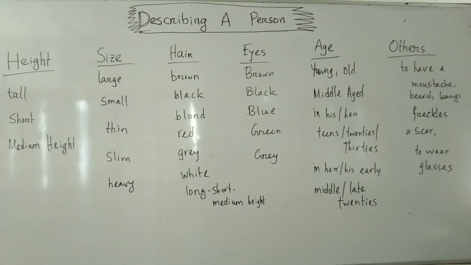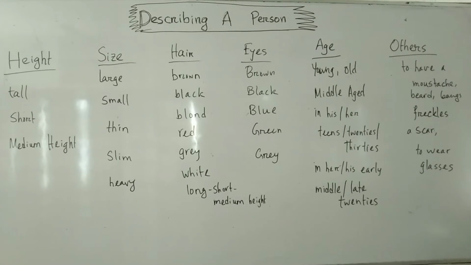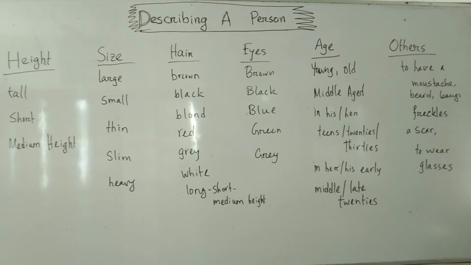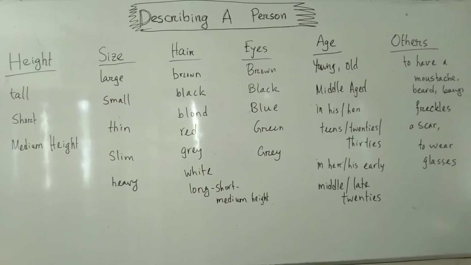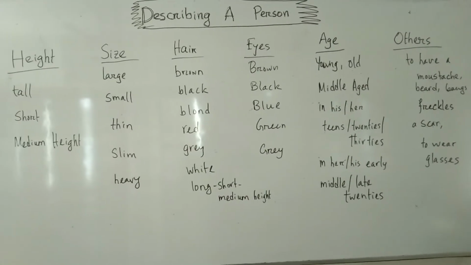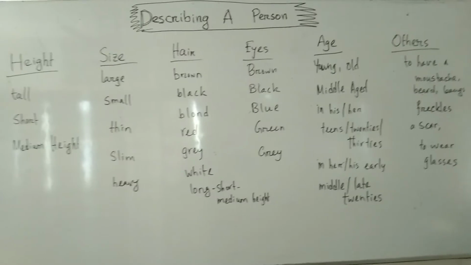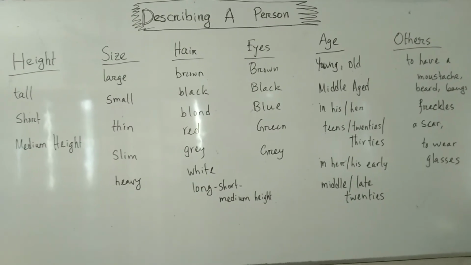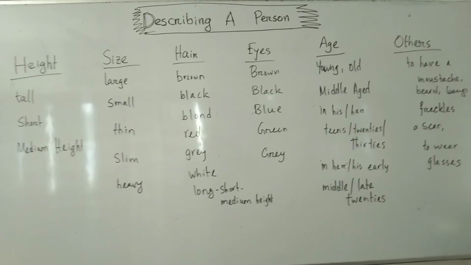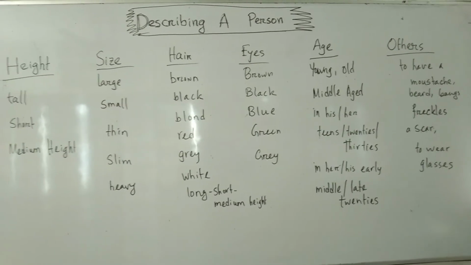Then eyes. If you talk about eyes, there are 5 options to be noted: brown, black, blue, green, and gray. Most often in Asian countries, the eyes are black. Age: if you talk about age, it could be young, old, or middle-aged.